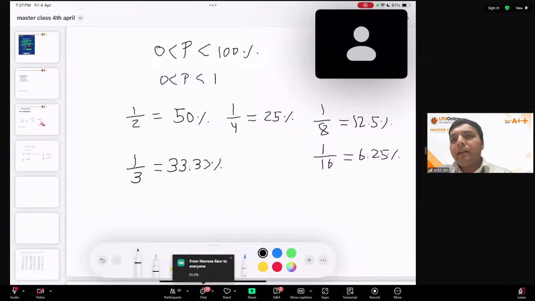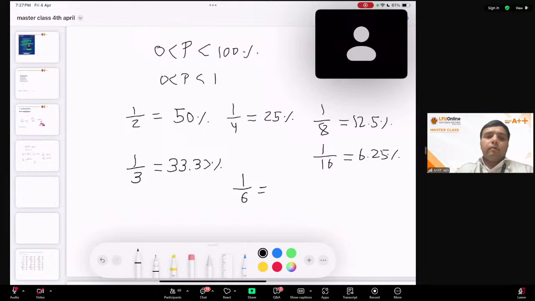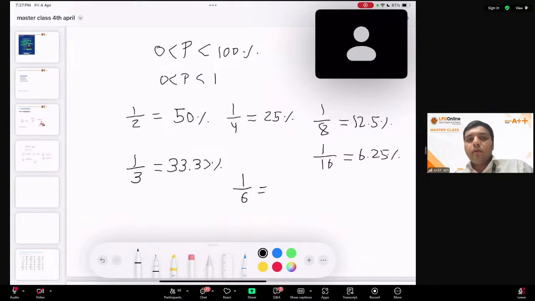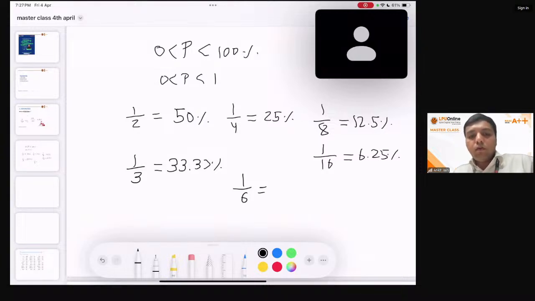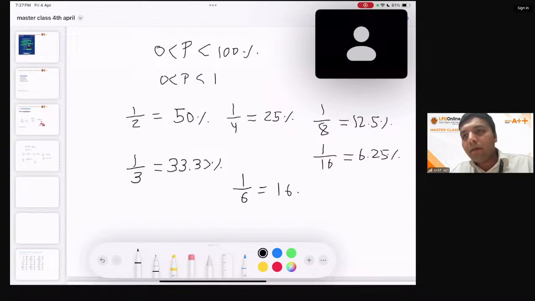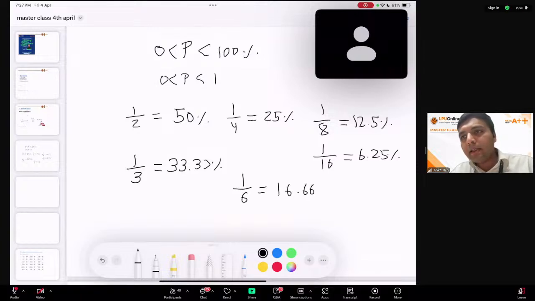If 1 by 3 is 33.33, what is the value of 1 by 6? 1 by 6 is half of 1 by 3. So 1 by 6 is 16.66. Half of 33.33 is 16.66. You can derive it.